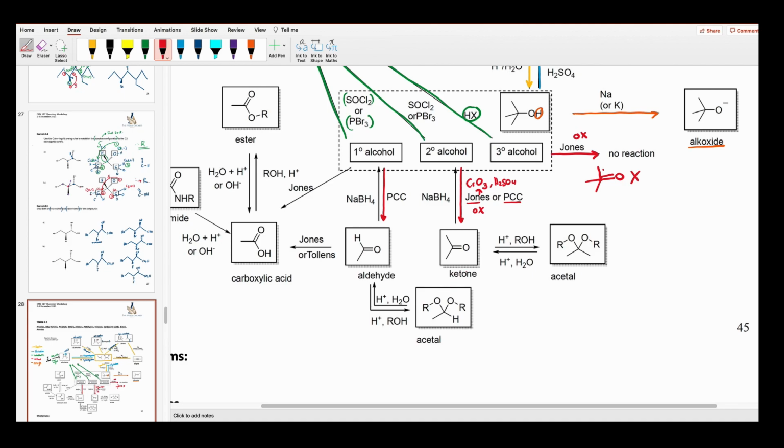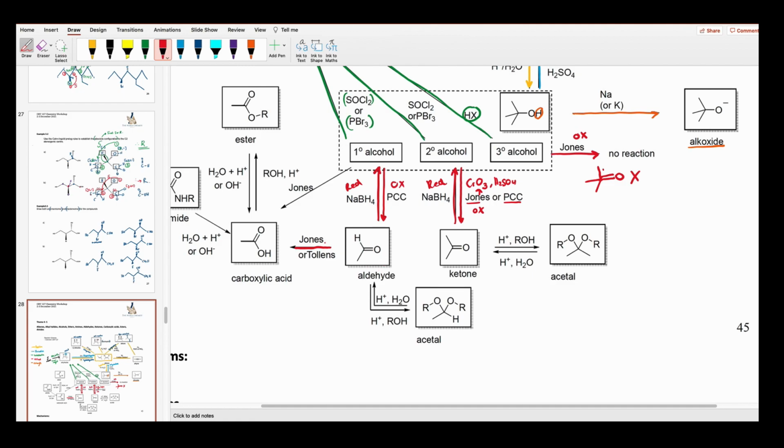If we look at the reduction side of things, we can always reduce ketones to secondary alcohols with a mild reducing agent. And we can do the same with an aldehyde back to a primary alcohol with a mild reducing agent. Let me just write here, reduce, and this is oxidize.